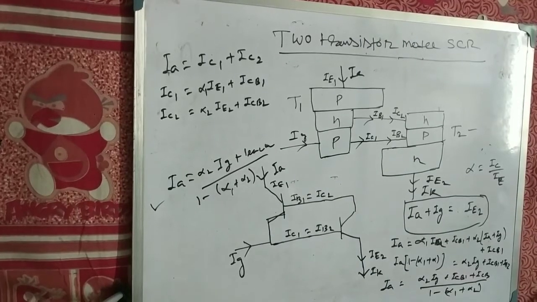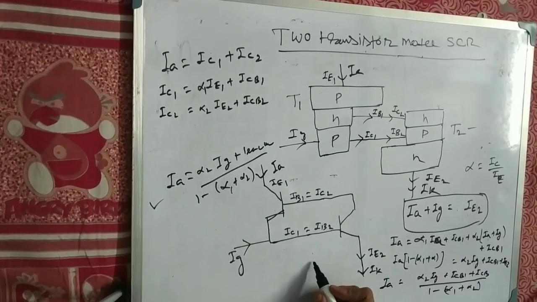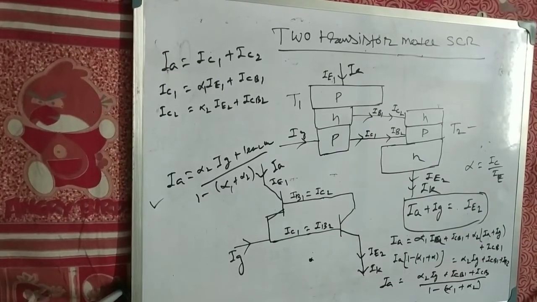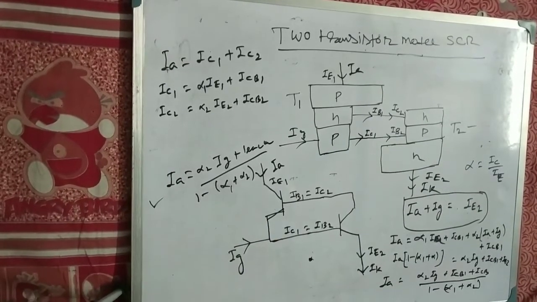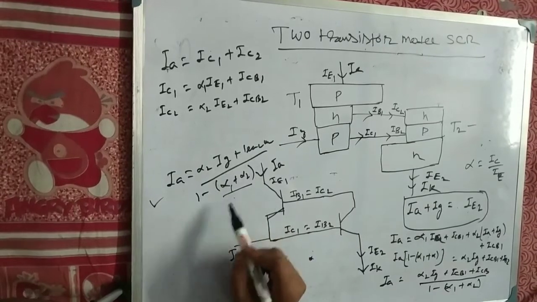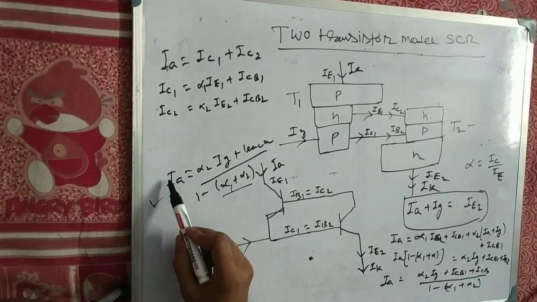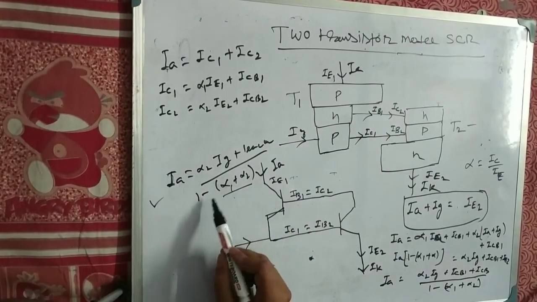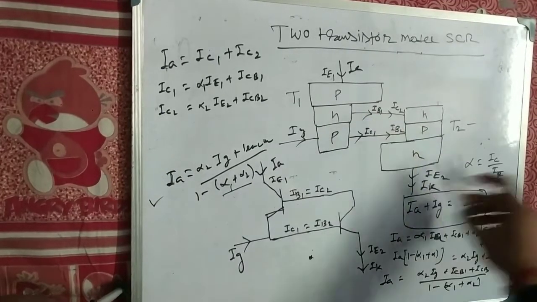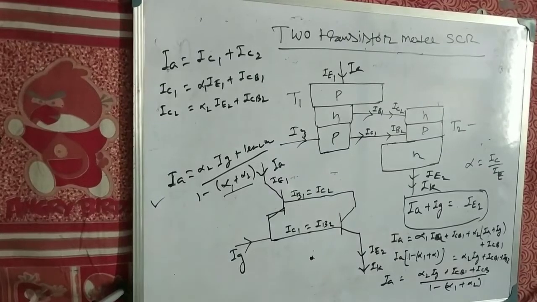So if alpha 1 plus alpha 2 is equal to unity, then the denominator will be 1 minus 1 equal to 0. 1 by 0 means infinity. Then high current will flow in the SCR.